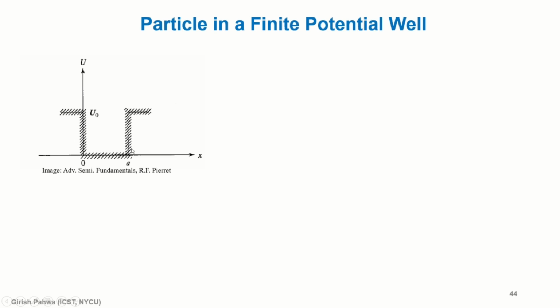In fact, you can go a step further. Not only must the wave function be continuous, it has to be differentiable also. It means the derivative of the wave function has to be continuous. Why is that the case? You know that in the Schrödinger equation, you have to calculate the double derivative of psi.